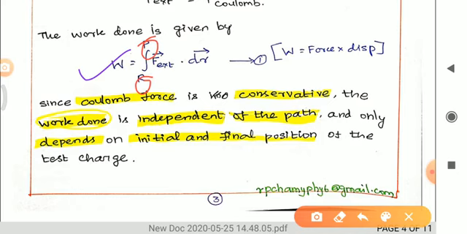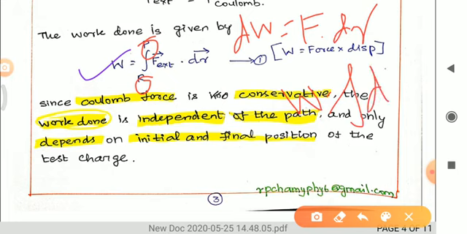Actually, one more formula should come before this: dW equals F external into dr. To find the total work done, we integrate dW. We discussed this in the 11th standard, but our textbook directly gives W equals the integral from R to P of F external into dr.